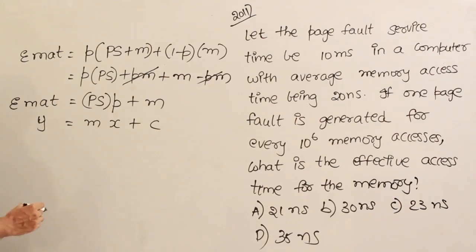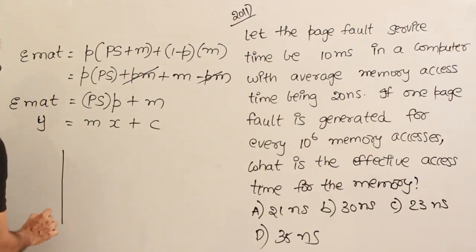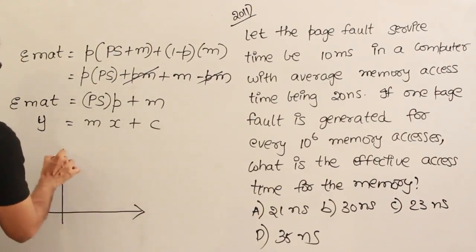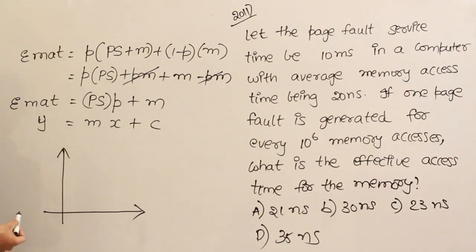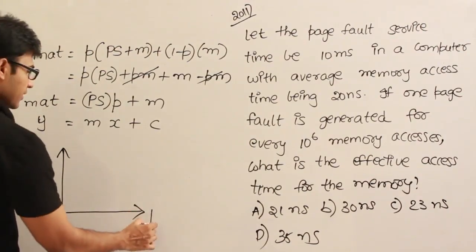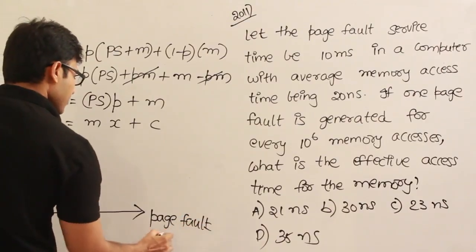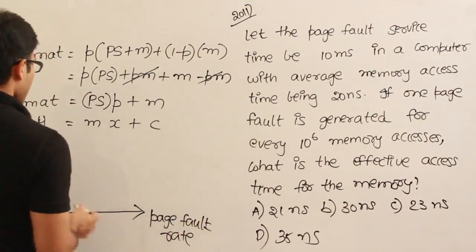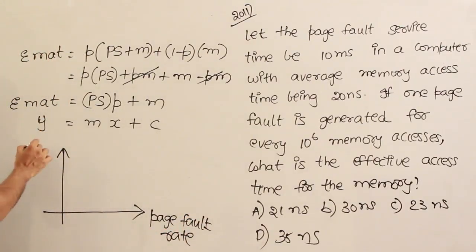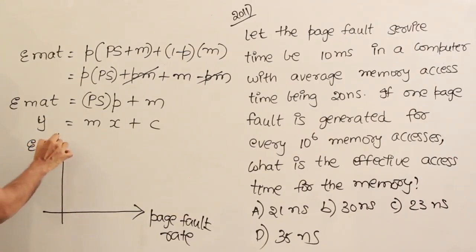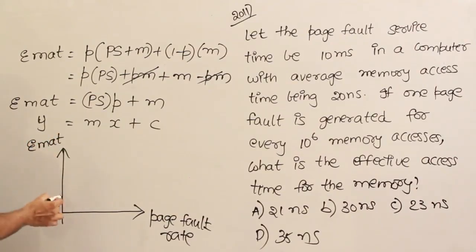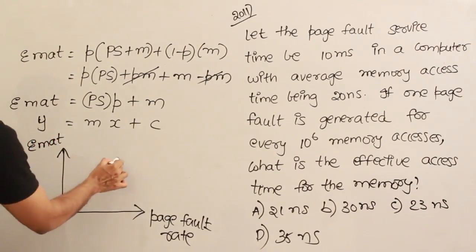If I draw the graph with x being page fault rate and y being effective memory access time, then I get a line like this.